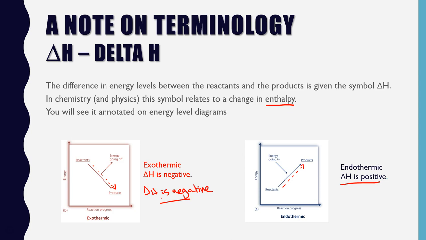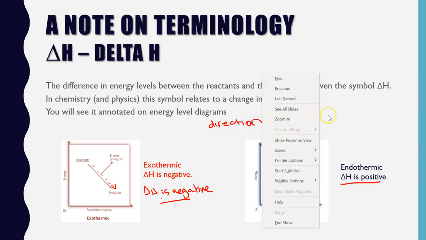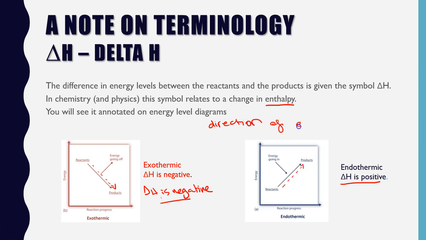This is like when we talked about motion, where we said a vector quantity had to have a size and a direction. The sign of delta H gives us the direction of the energy change, the direction of energy movement. When delta H is negative, the energy is leaving the system and going into the surroundings.